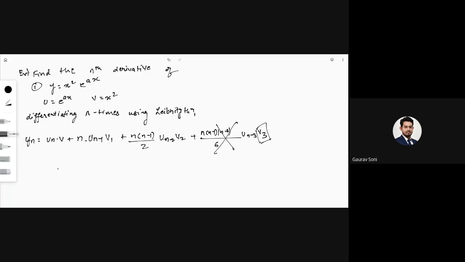So let's write down un. Un is equal to a raised to n e to the power ax. Un minus 1 is a raised to n minus 1 e to the power ax.